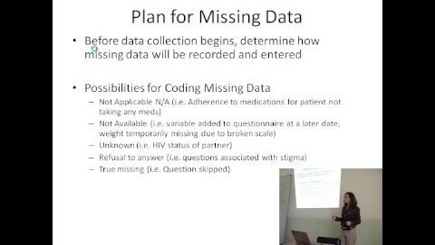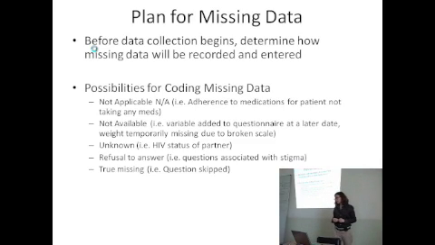So it's a good idea to think about whether or not you need an unknown when you're designing data collection forms. You may also want to have both unknown and not available. You could have multiple reasons for missing data, and you could have multiple reasons for one concept.